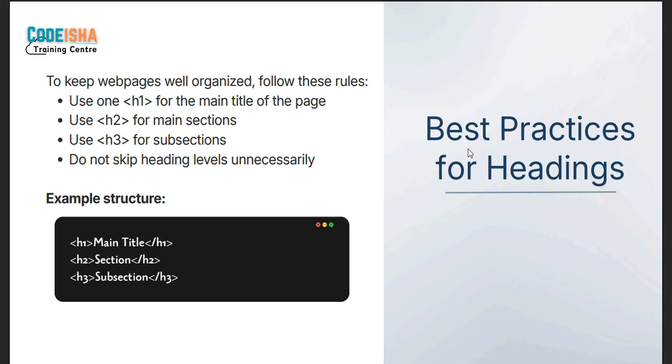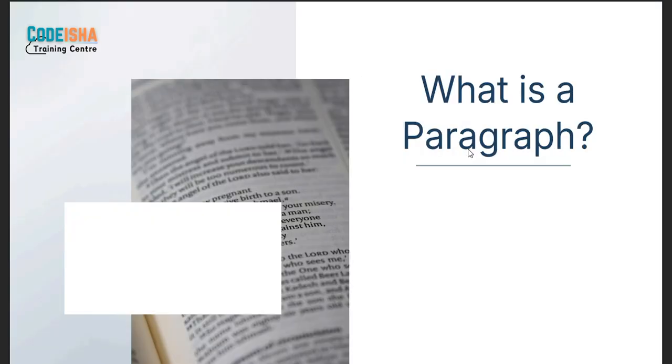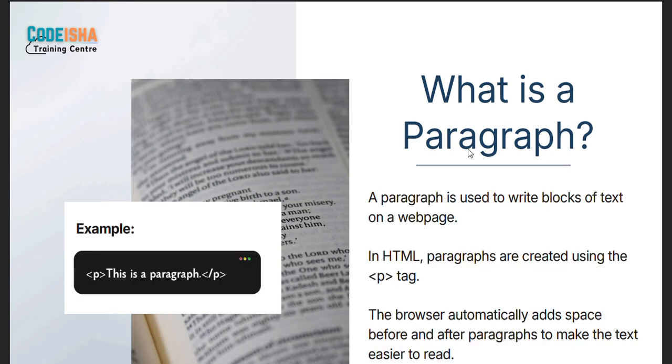Okay, so up to here we have done the heading tags, right? Now we're going to learn what a paragraph is. A paragraph is used to write blocks of text on the web page. In HTML, paragraphs are created using the p tag. See here, the p tag is there. Before, when we needed heading tags, we used h1, h2, h3, h4, h5, based on the levels.